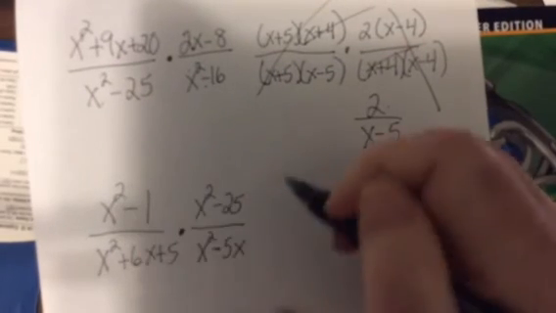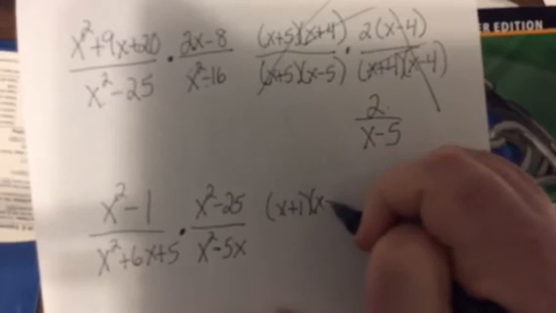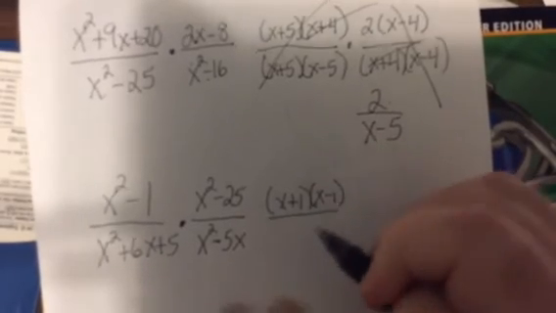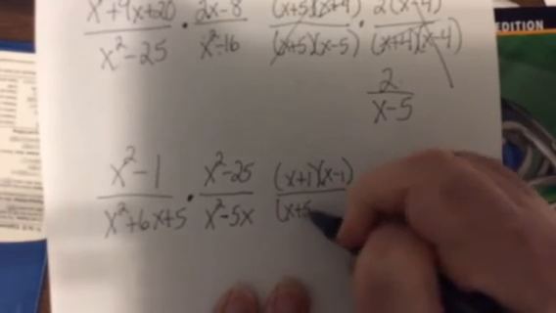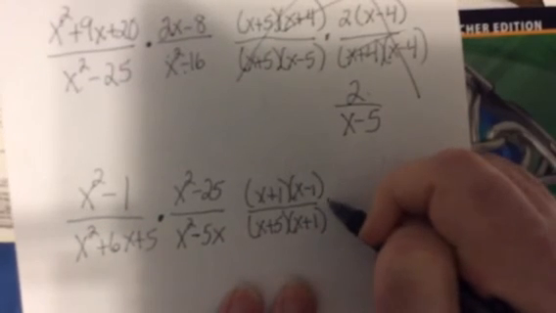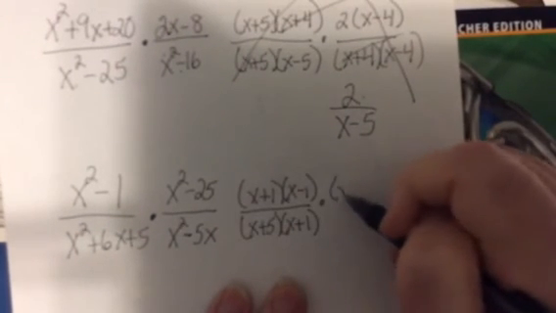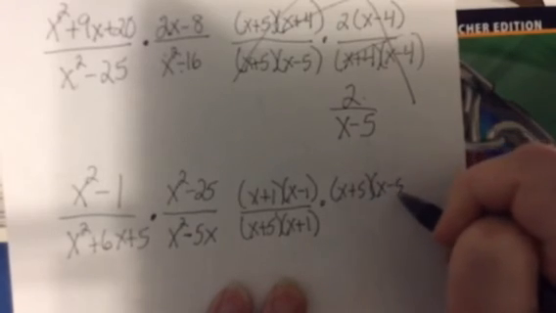Okay, so I'm going to factor, that's difference of squares, x plus 1, x minus 1. Now be neat, that's where people tend to mess up, is when they're not neat. That's x plus 5, x plus 1. Times x plus 5, x minus 5.